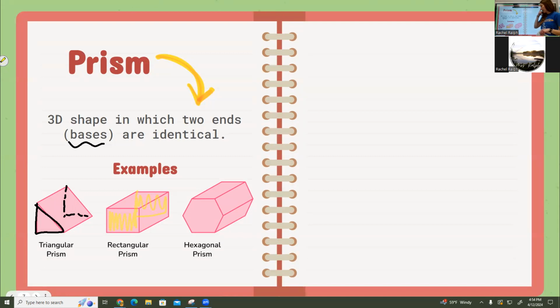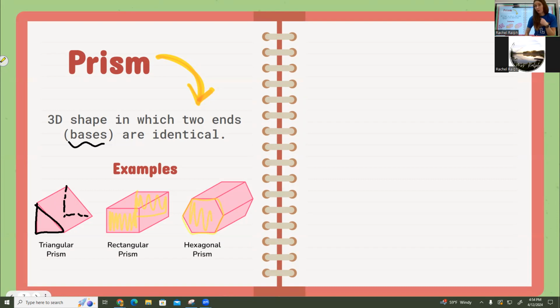And the same with our hexagonal prism. We've got a hexagon, and on the opposite side, on the back side, we have the exact same shape. So a prism is any 3D shape where both ends, which we're also calling bases, are identical. They're the same shape and the same size.